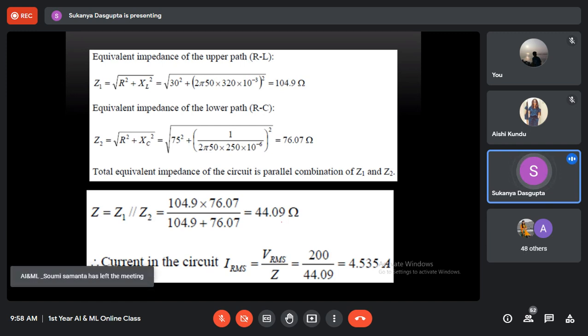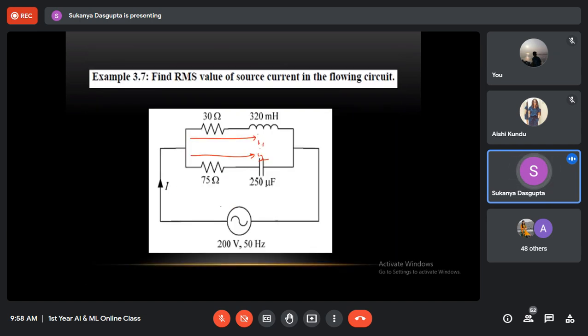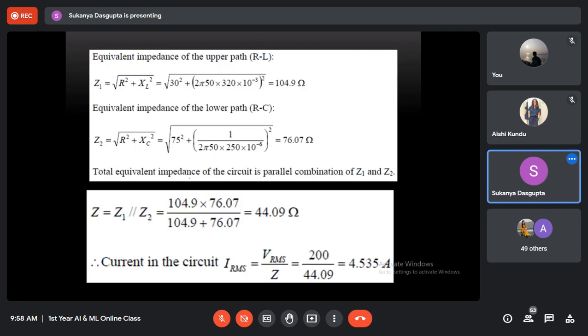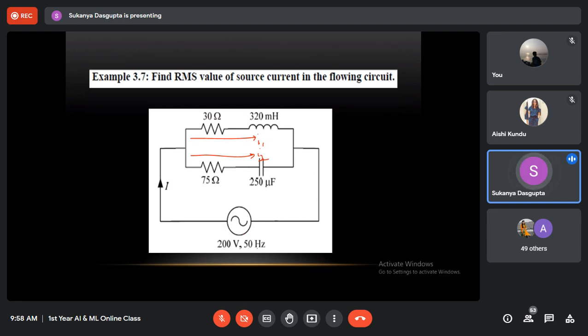And finally, what is the main current in this circuit? It is nothing but the main source voltage divided by the total impedance. The main source voltage is 200 volt, given as a 200 volt 50 hertz supply.